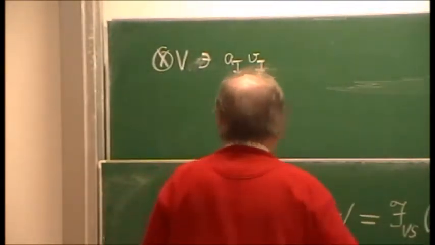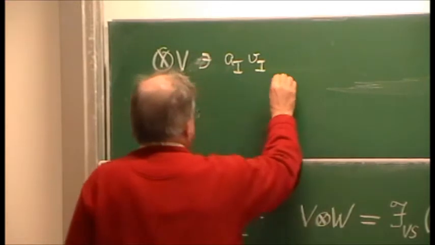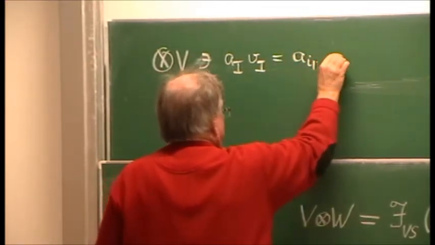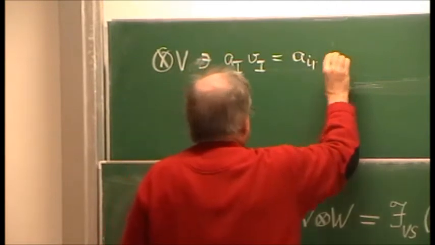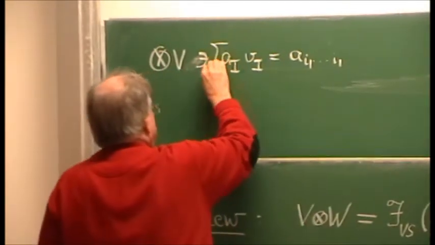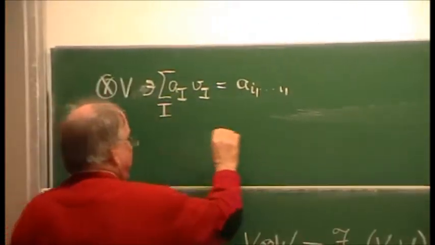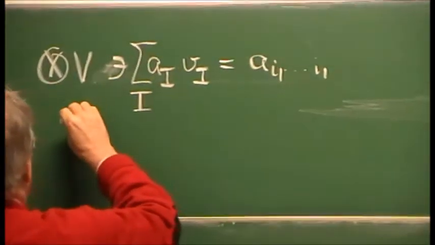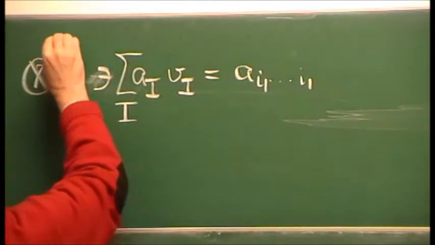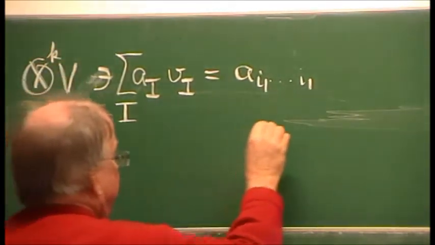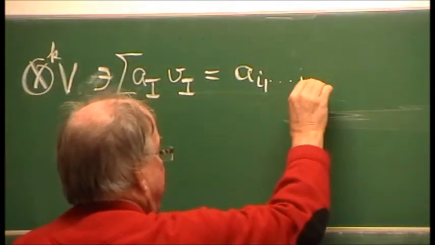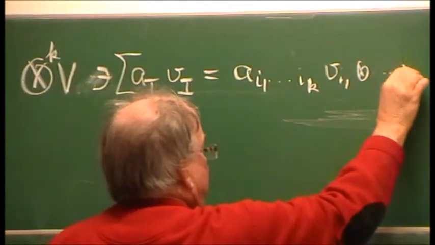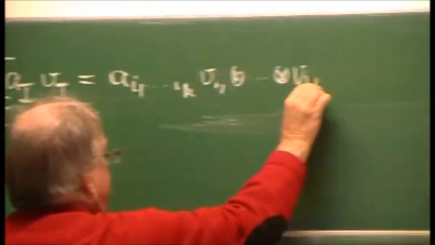So AI, VI would be the sum over some finite set I of AI1 through AIK, say a K-fold tensor to make it nice, VI1 tensor through VIK.